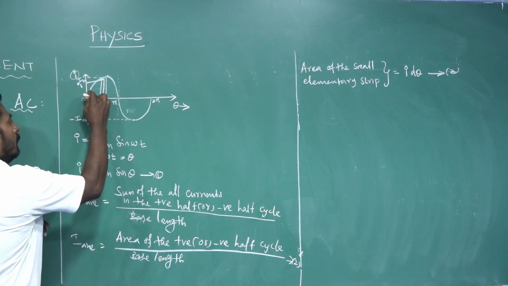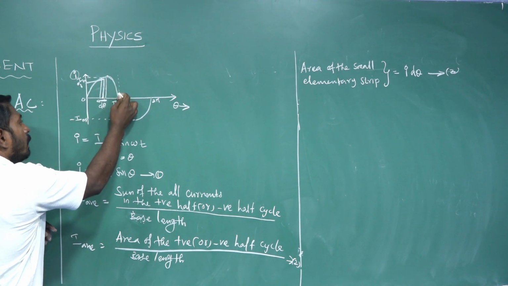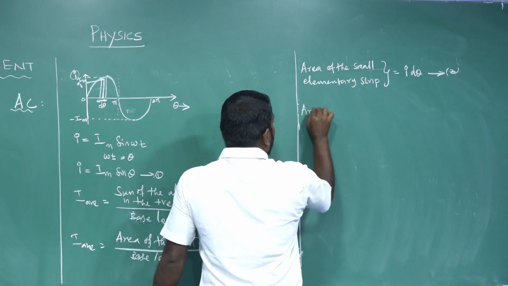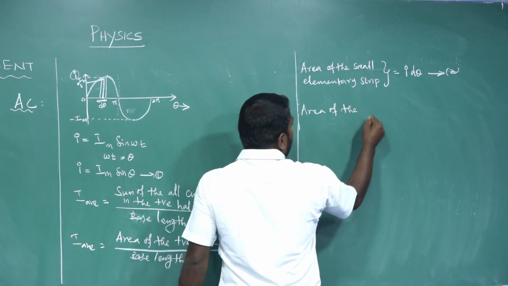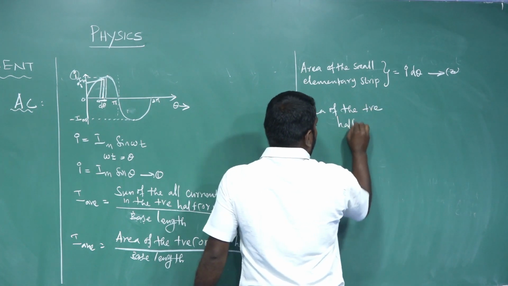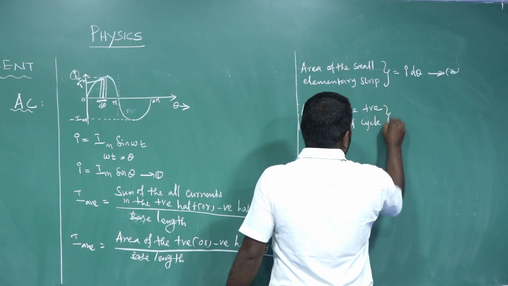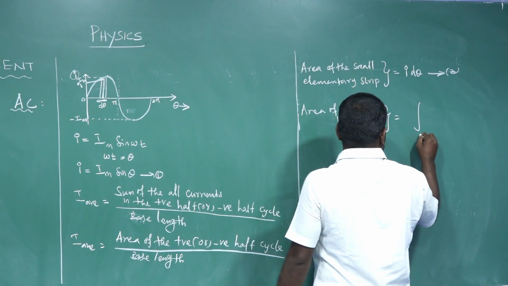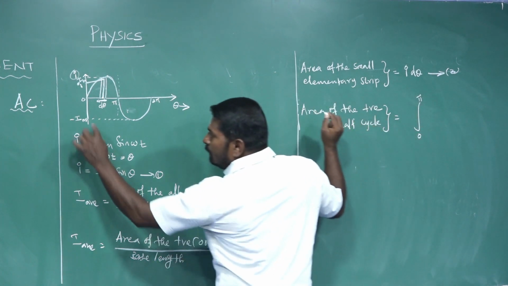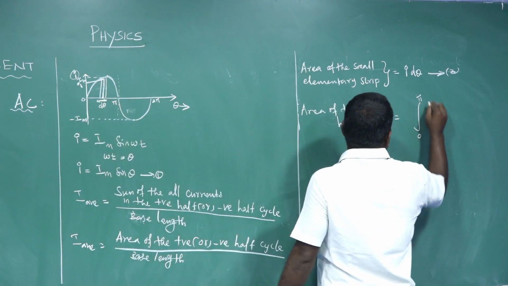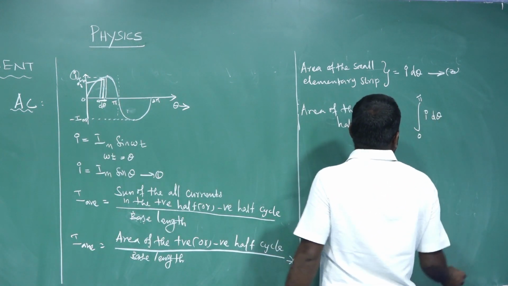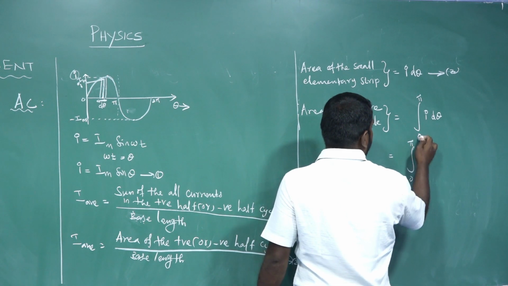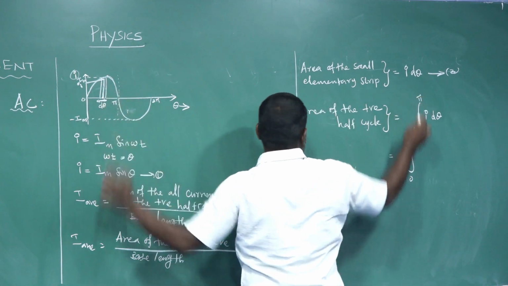How can we calculate the entire area over one positive half cycle? Take the integration. Area of the positive half cycle is equal to the integration from 0 to pi of I d theta, because we take it over the half cycle from 0 to pi.